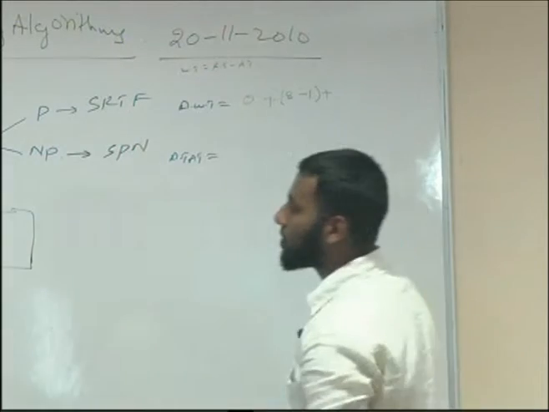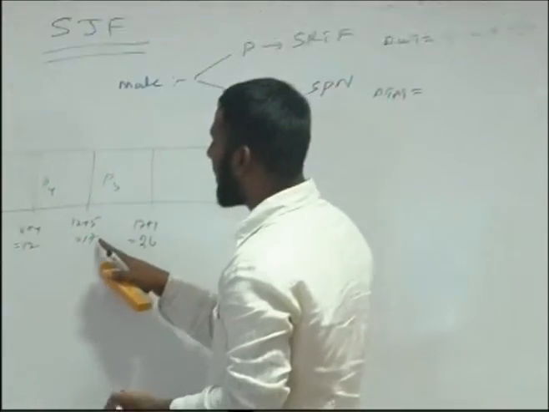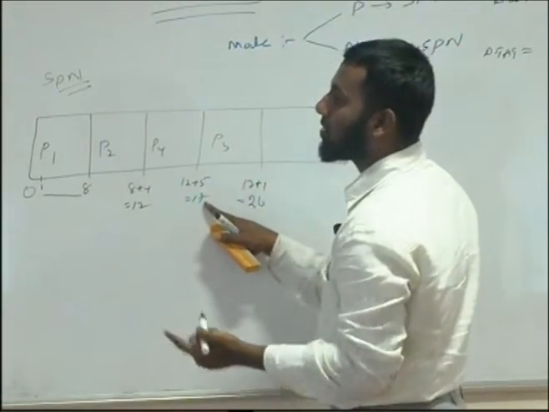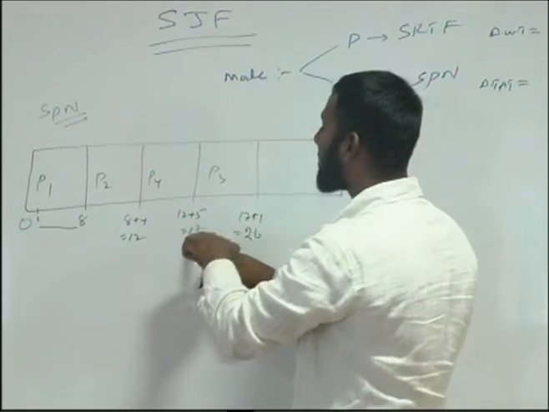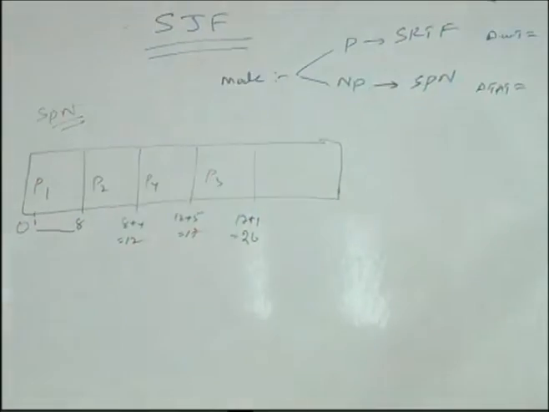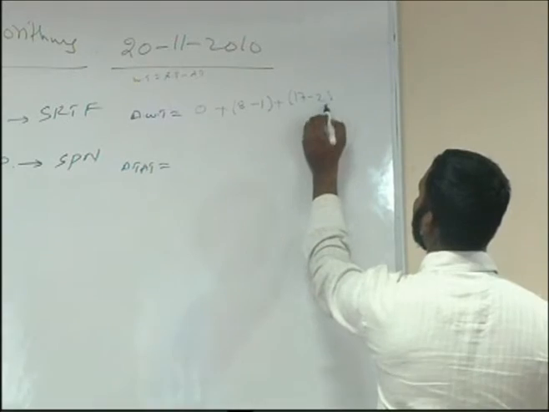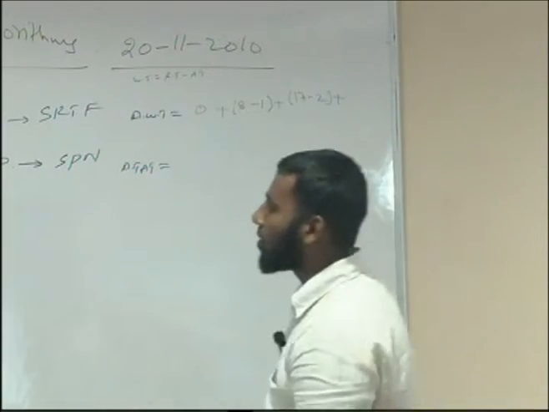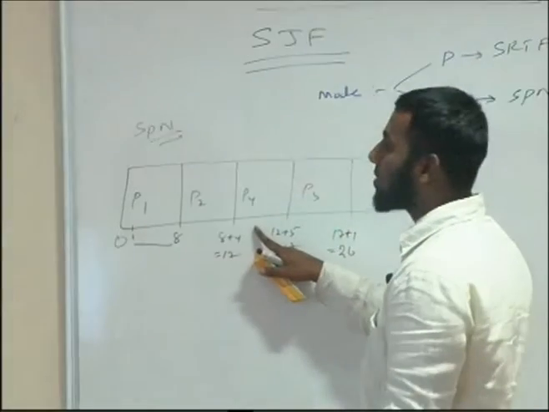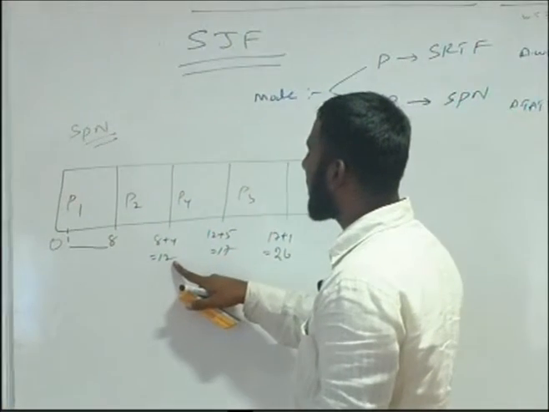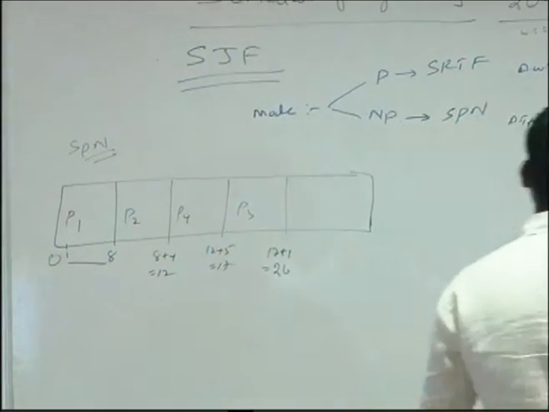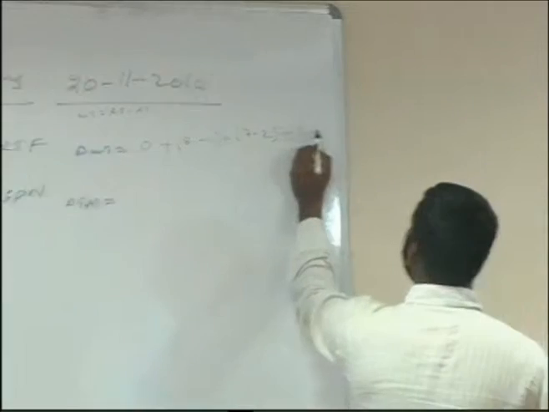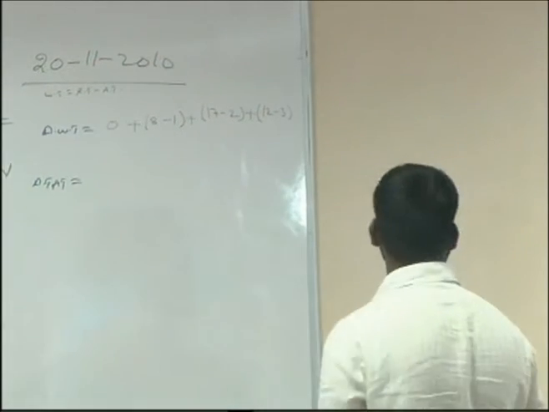So now next is process P3. Process P3 has been submitted to the system at 2 units of time, but it has been given chance at 17. So 17 minus 2 is the waiting time for this process. Now process P4 was submitted at time 3, but was given chance at 12. So 12 minus 3 is the waiting time for this process.